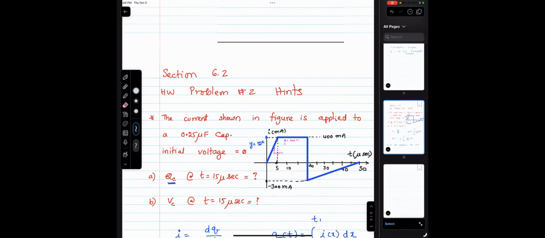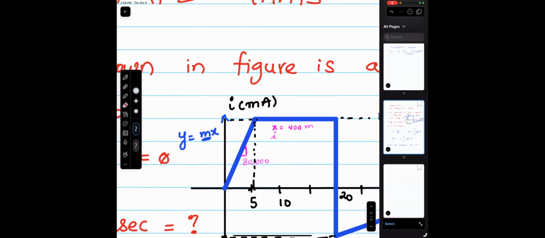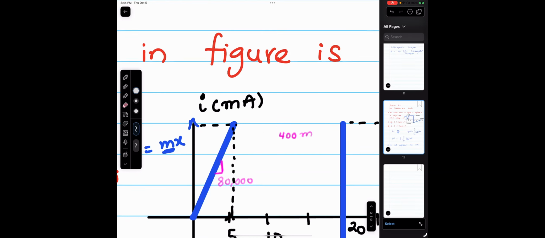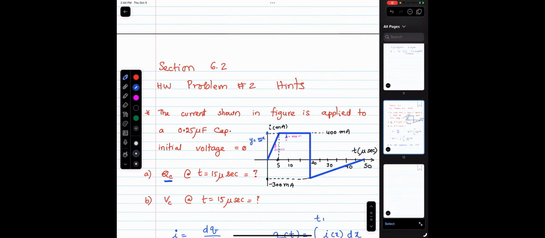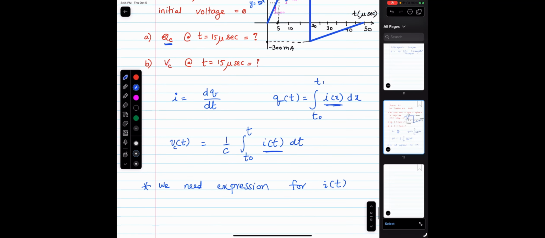So if only you can express these straight lines in terms of their equations, then you do have the expressions for current. Once you have the expression for current, you should be able to do the integral.